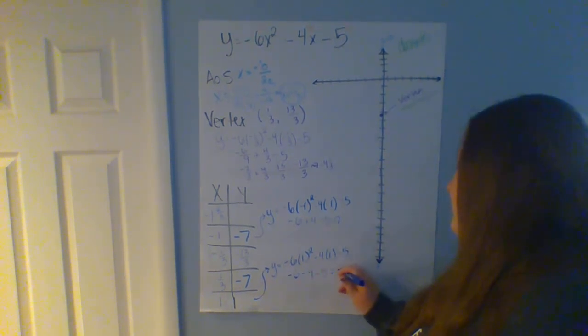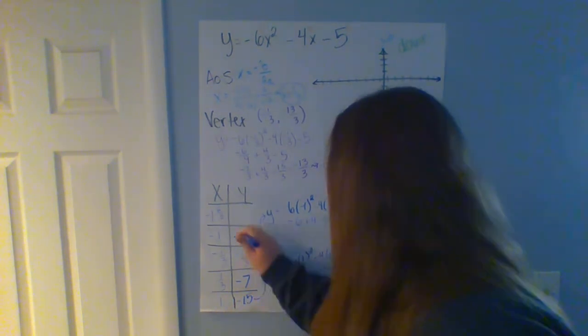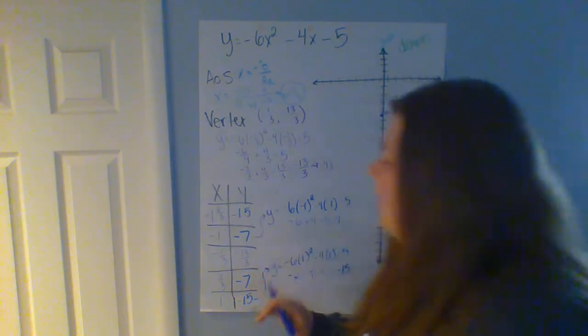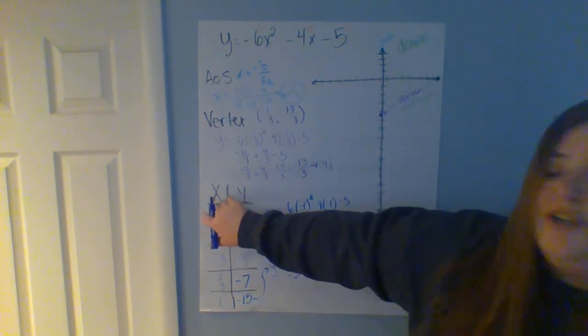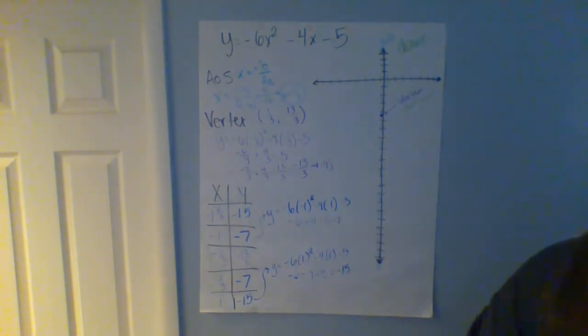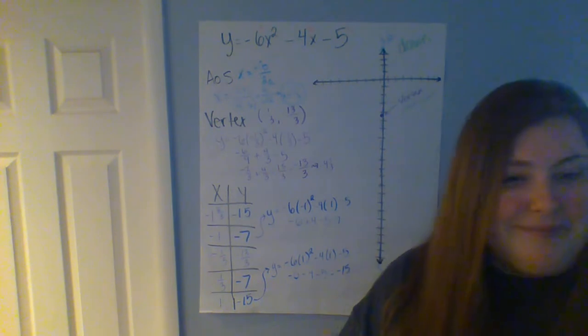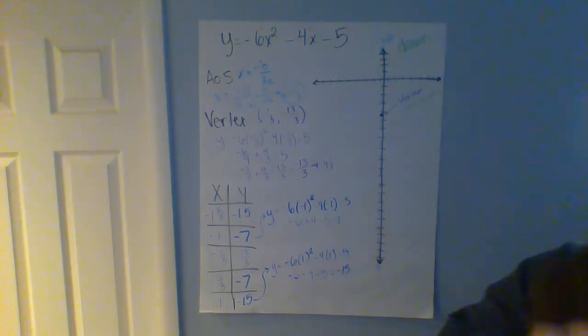Minus 5 gives us negative 15. If you did plug in the negative 1 2/3 and the 1/3, you would get these values. Try to make it easier on yourself though. Pick things that work nicely.